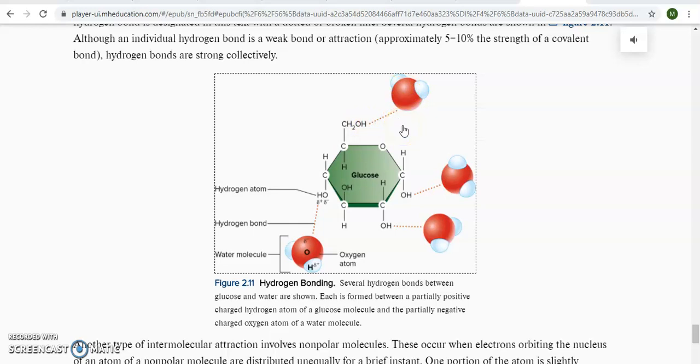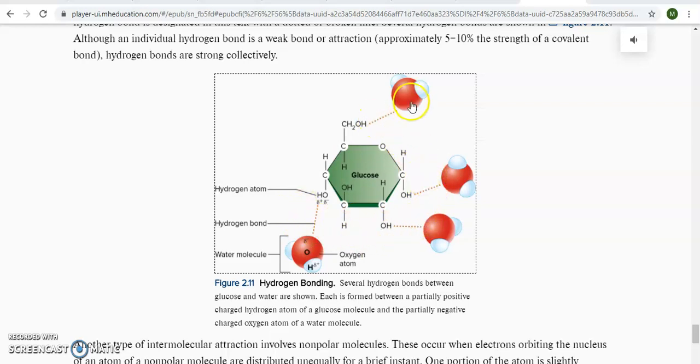Okay, so this is a weak attraction, meaning that it's easy to break compared to covalent bonds and ionic bonds. This is much easier to break. But when you have hydrogen bonds between numerous molecules, you have all these hydrogen bonds, and collectively they are very strong.